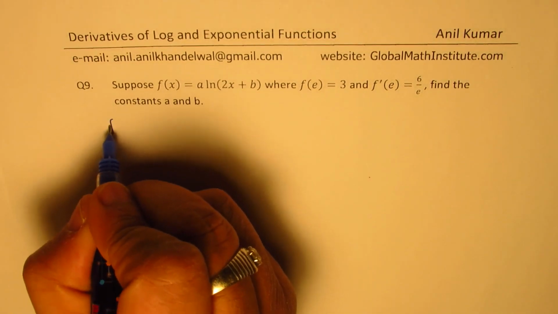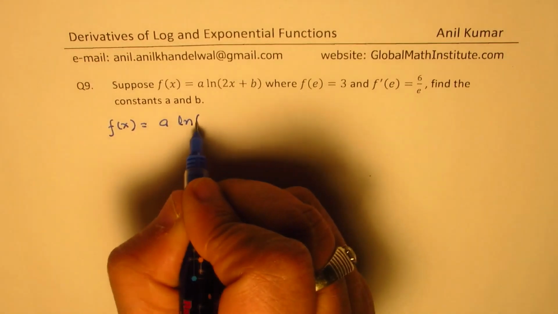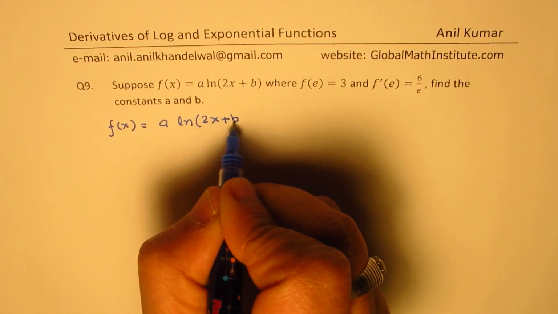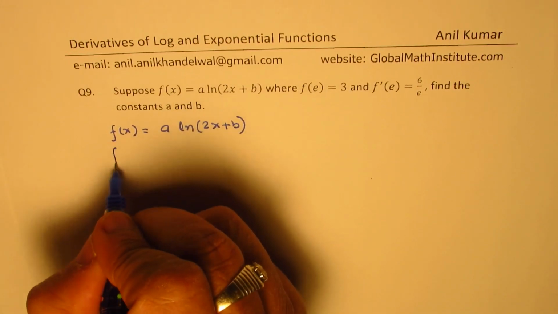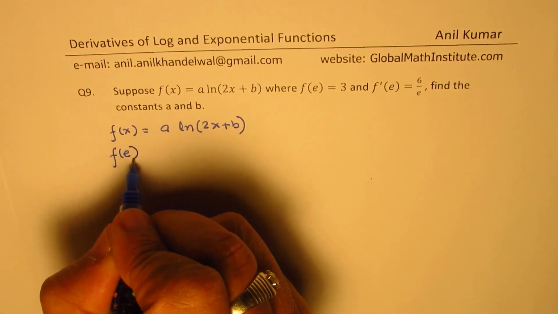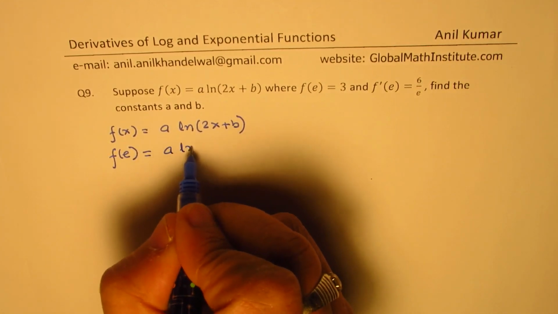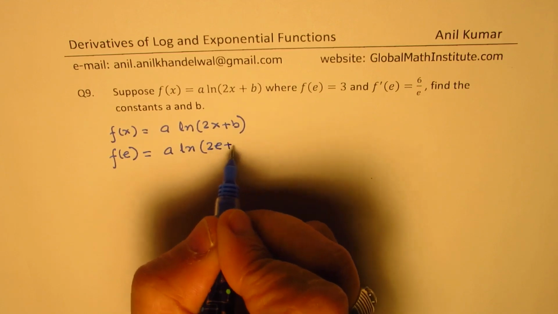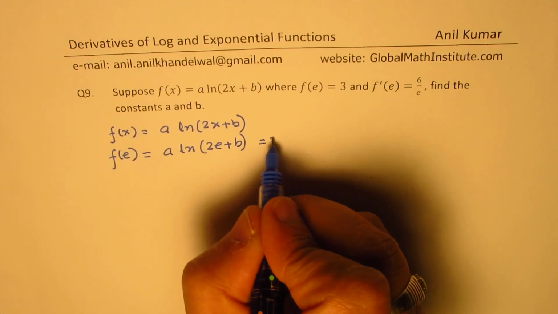So we are given that f(x) is equal to a times ln(2x) + b. We are given f(e) = 3, so substituting x as e, we get a ln(2e) + b, and this is equal to 3.